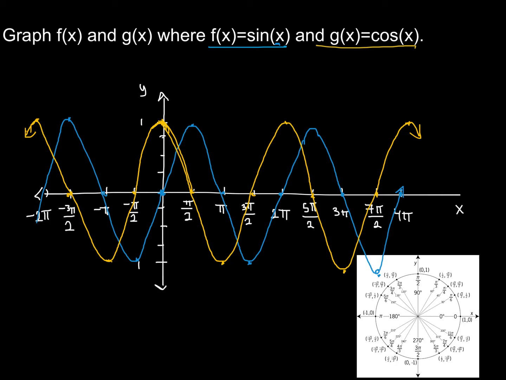For example, look at pi over 3, which is a little further out here, and the cosine should be about 1/2. It looks to be where it is, and sine should be about √3 over 2, and that's where it is. And so we can see that our unit circle is really validated in the sense that we are able to graph it accurately and make sense of all the different x and y coordinates that we've found thus far.